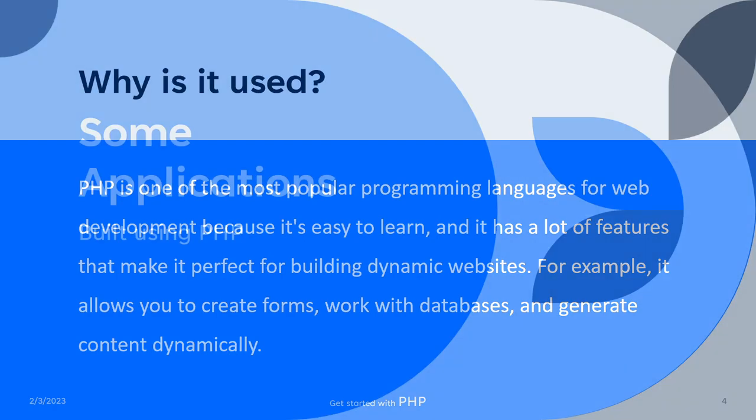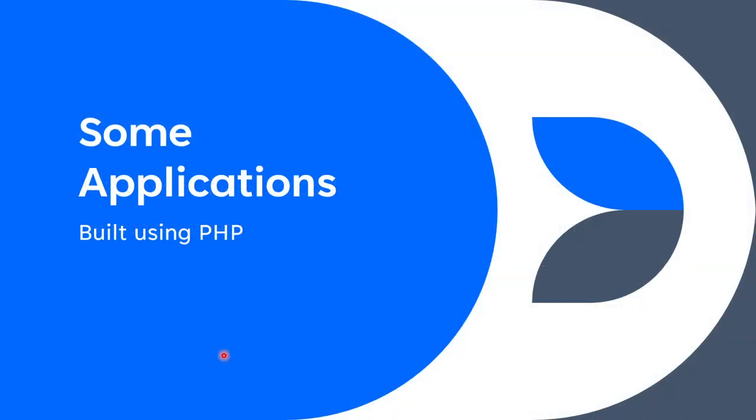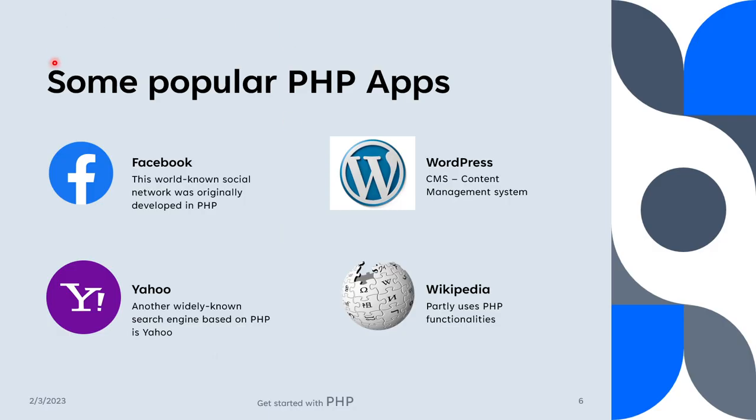Let's get going. Now let's see some interesting web applications that were built using the PHP scripting language. Facebook, the world-known social network, was originally developed using PHP. One of the most popular content management systems, WordPress, was also built using PHP.